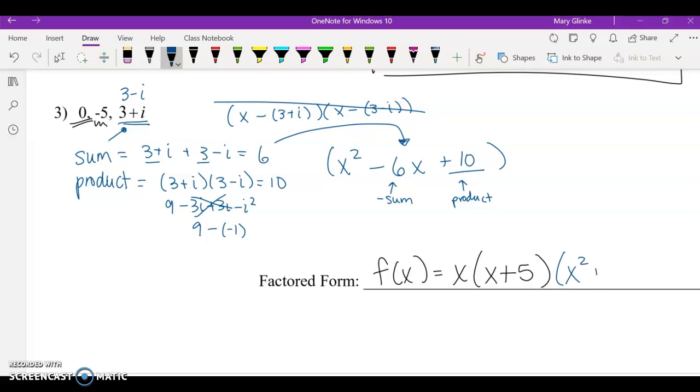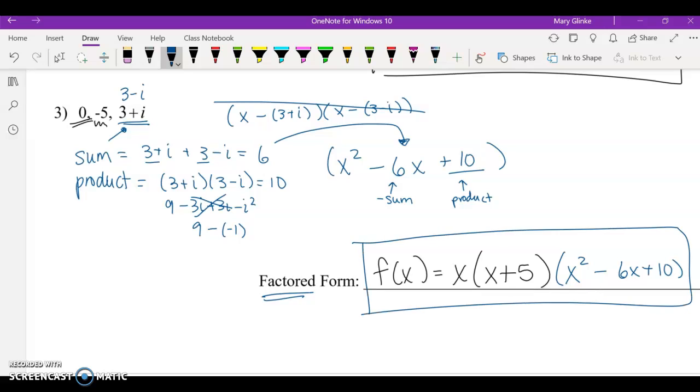So our factor that gives us 3 minus i and 3 plus i as our answers is x squared minus 6x plus 10. And you'll notice this one again lets us leave it in factored form, so we could leave it like that. Now you can always use the quadratic formula with this quadratic factor to see if it ended up working out correctly.